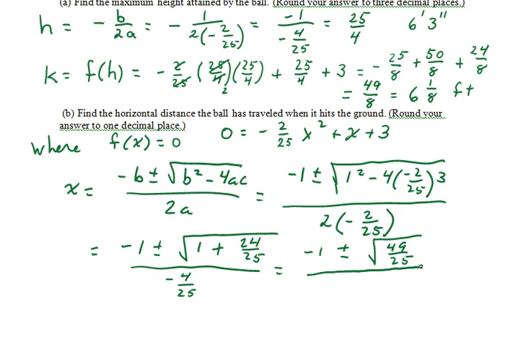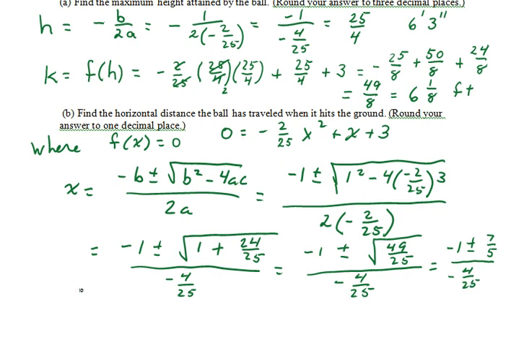And I got that because 1 is 25/25, added to 24/25 gives us 49/25. The denominator is -4/25. So -1 plus or minus 7/5 all over -4/25.